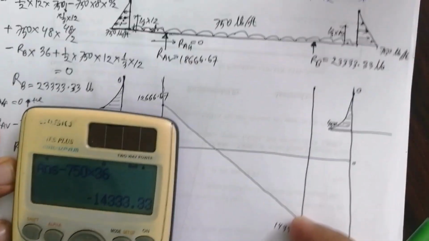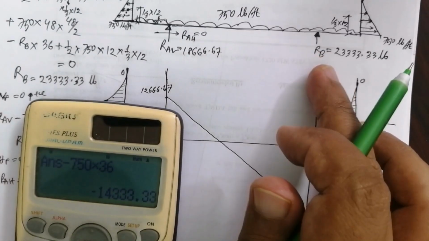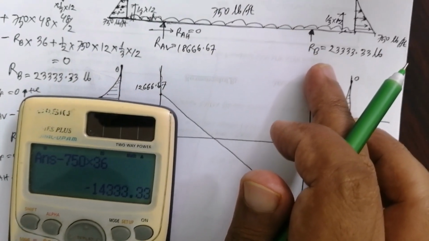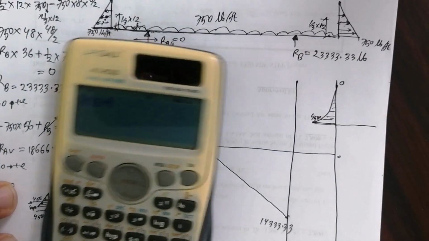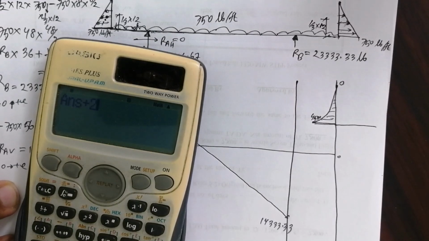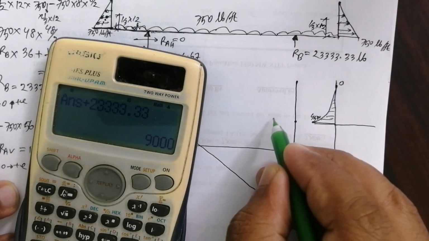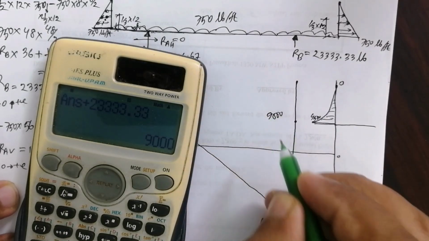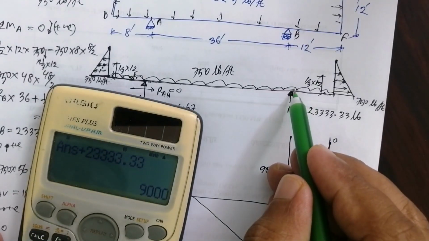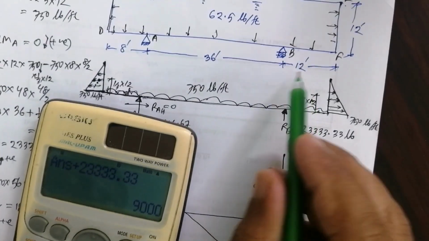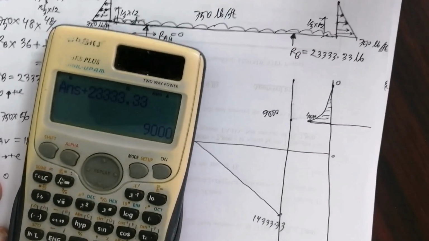Now here also another upward force, this RV, so this is positive, plus 233.33, 9000 here, 9000.